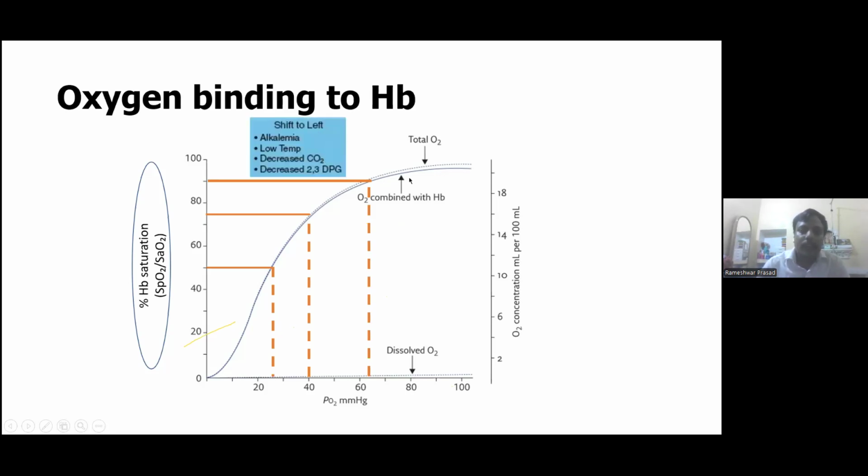Some factors will shift the graph towards the left side. That means there will be less dissociation, and more oxygen will be retained by the hemoglobin. And some factors like acidemia, high temperature, increased CO2, increased 2,3-DPG, these are the things when the baby goes into shock or becomes more sick, where your graph will shift towards the right side.